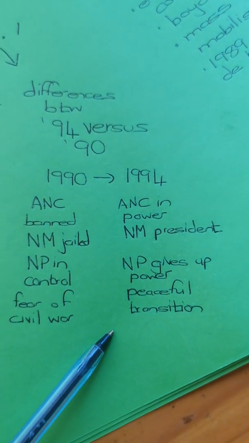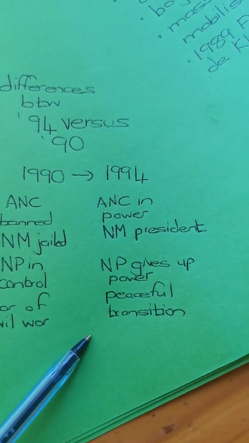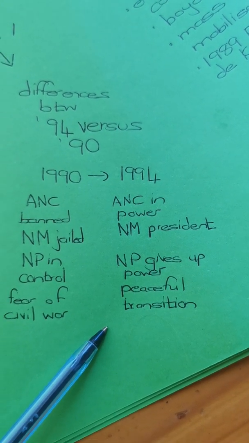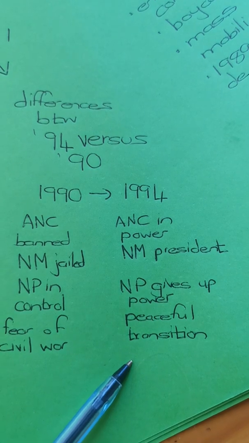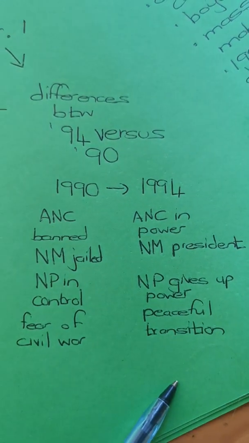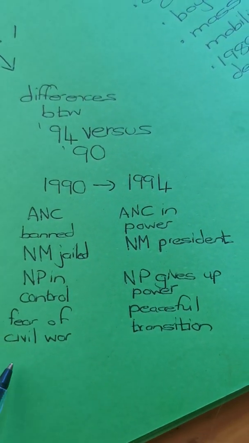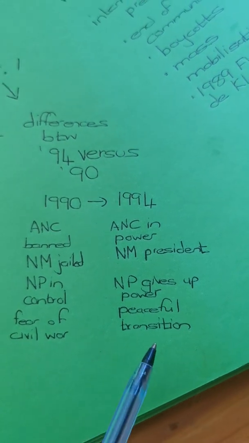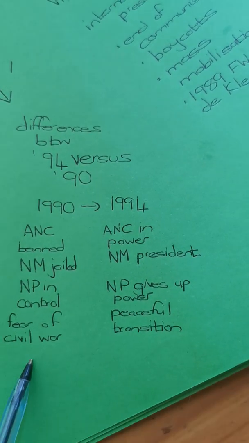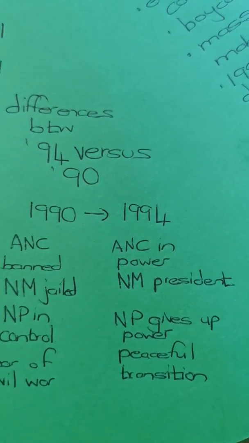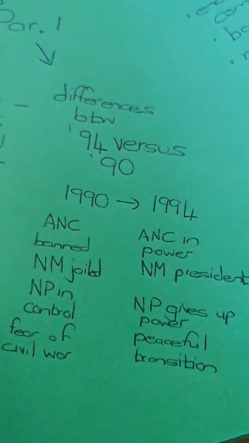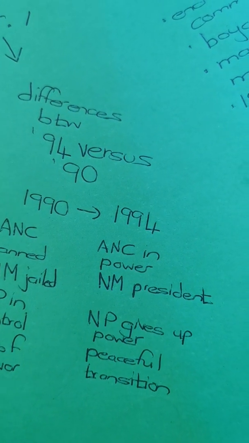There was still death. In the period 1990 to 1994, there was unrest, there was loss of life, but it was not on the scale that one would have expected when one group is in power and another group is fighting to be in power. So they speak about the South African context in this period as a miracle.